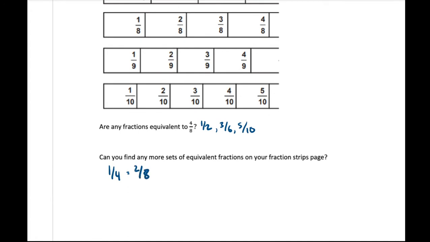You might see that 1/3 is the same as 2/6, or is the same as 3/9. Right, so go back and take a look at the fraction strips page and see if you can come up with other sets of equivalent fractions, or basically fractions that equal each other.